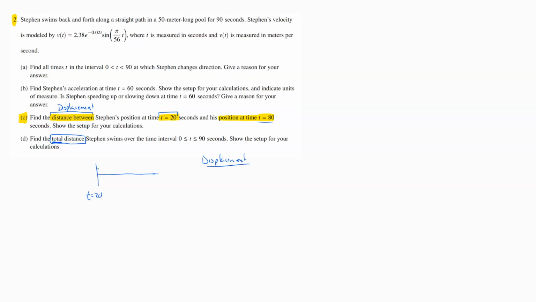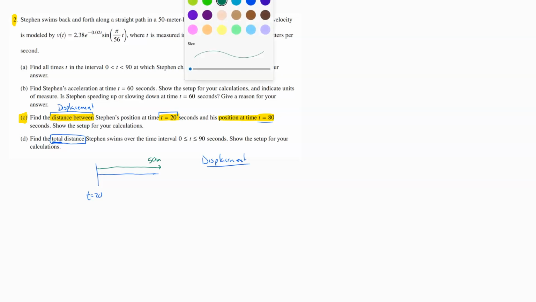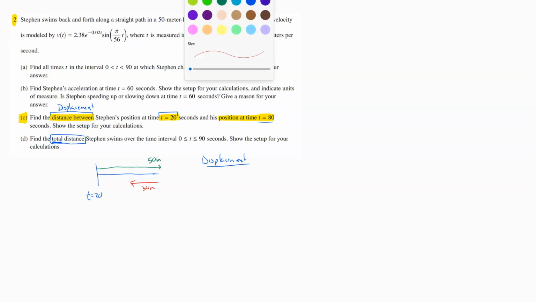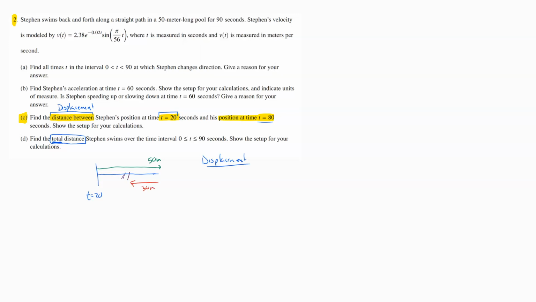It allows for the fact that you could have gone forward 50 meters and then come back 30 meters. In this situation, 50 minus 30 would have given us 20 meters, and that amount is your displacement.